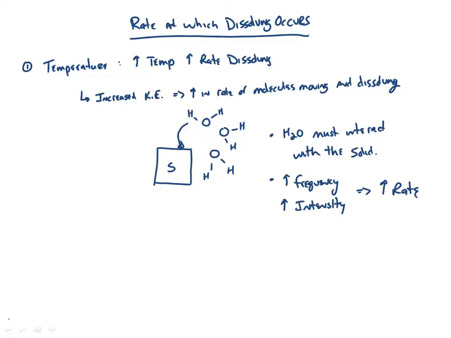Same thing if I dissolve something. If I increase the number of particles, or the other way to say that is if I increase the surface area of those particles, they dissolve faster. What dissolves faster, a sugar cube or a spoonful of sugar in your coffee? Yeah. So we can change particle size, or surface area.